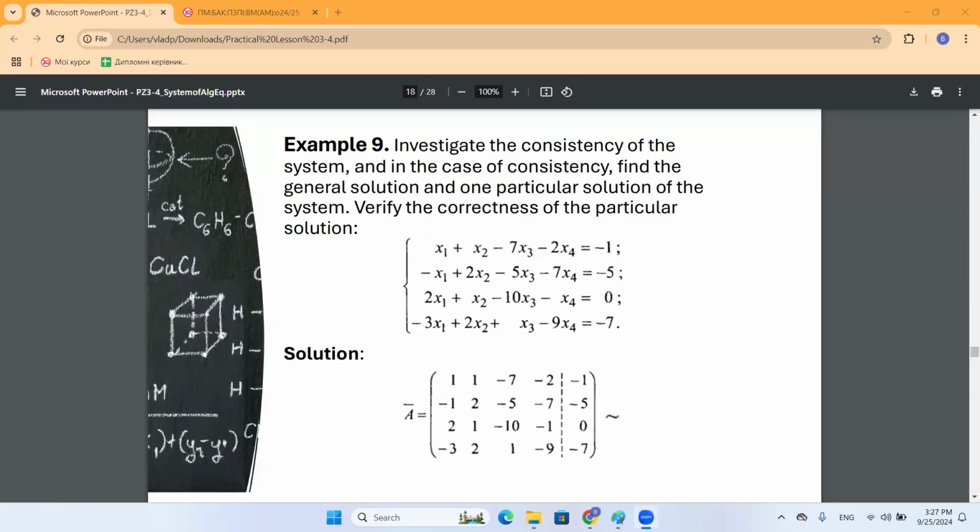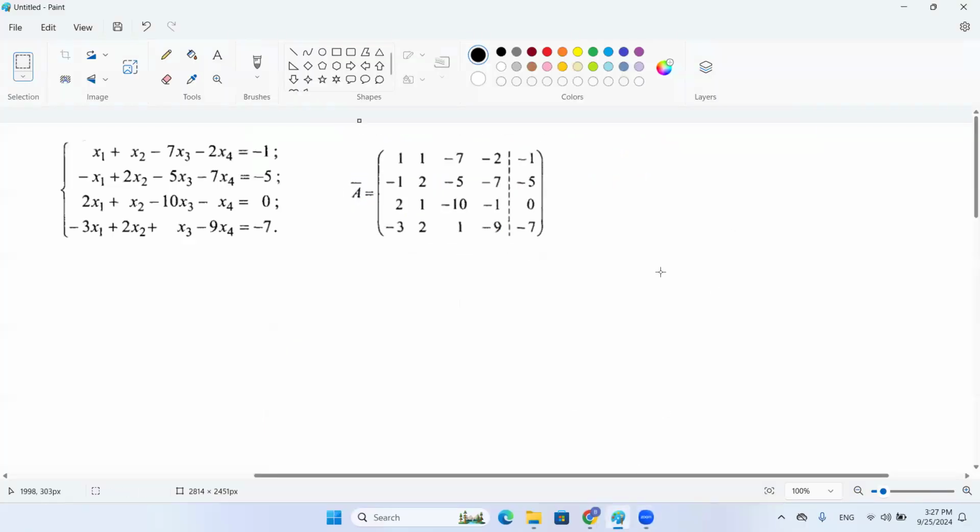Do you remember how to check if the system is consistent? Maybe anyone remembers the Kronecker-Capelli theorem? Sorry, your demonstration is closed. Okay, misclick. Does anybody remember the Kronecker-Capelli theorem? What does it mean? How will it be helpful for us?